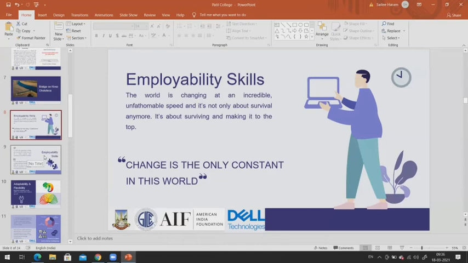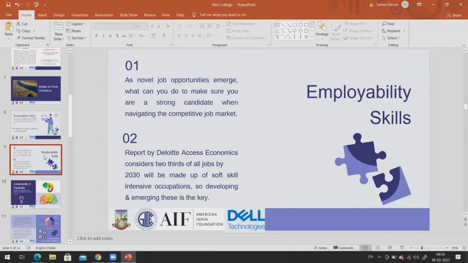Your qualification is there, but they will also look at some added skills which will benefit the organization. Next slide, please. A report by Deloitte Access Economics considers that two-thirds of the jobs by 2030 will be made up of soft skills and skill-intensive occupations.